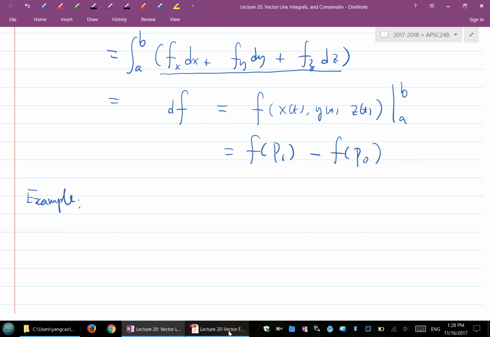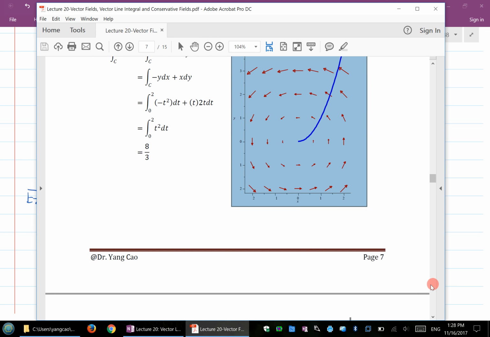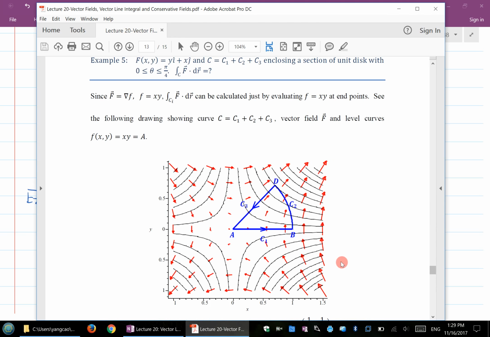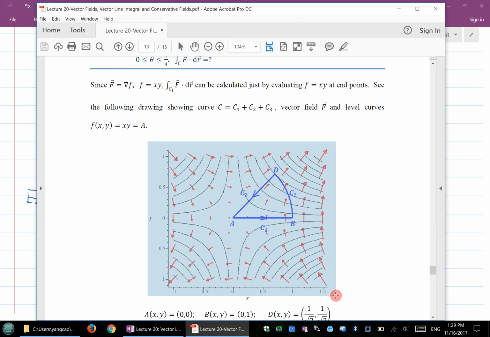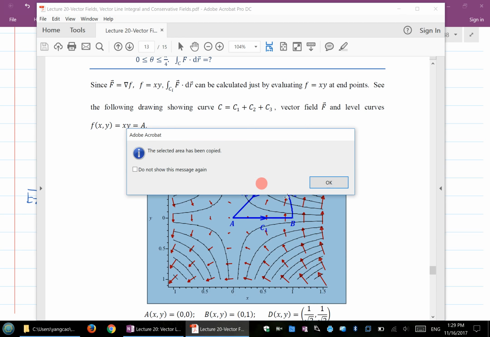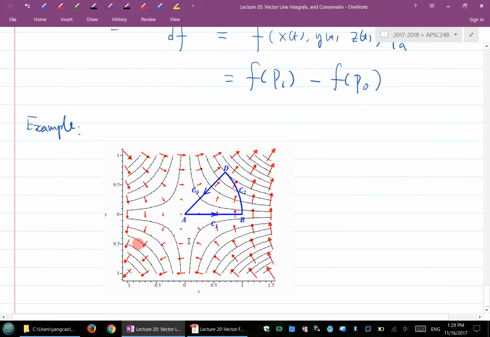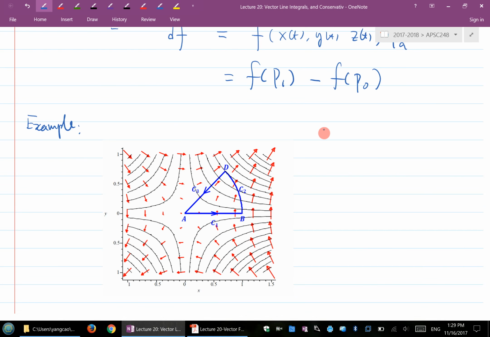So for this example, we're going to deal with... Okay, so I'll give you a vector field and also a curve C. So here's the vector field F here, which is sketched out by the red line.